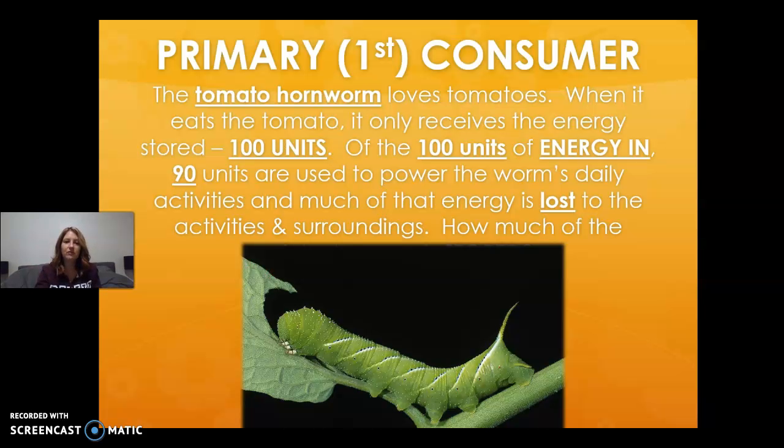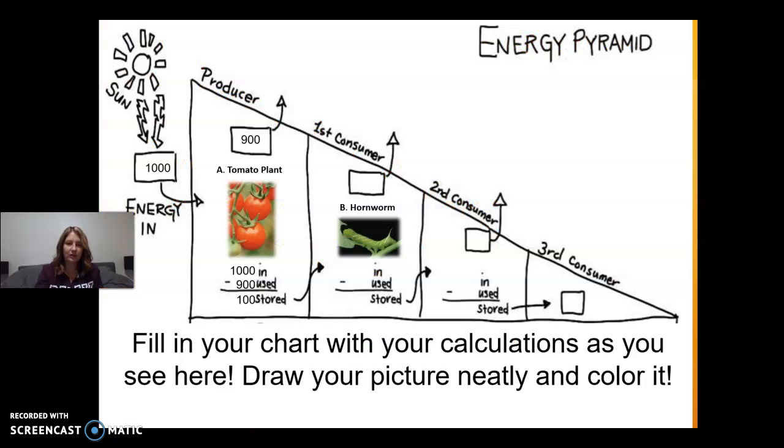So then we have our tomato plant that is eaten by the tomato hornworm, which will take in the 100 units from the producer, and it will use 90% of that, or 90 units of energy for itself to grow, to reproduce, to survive, to move.